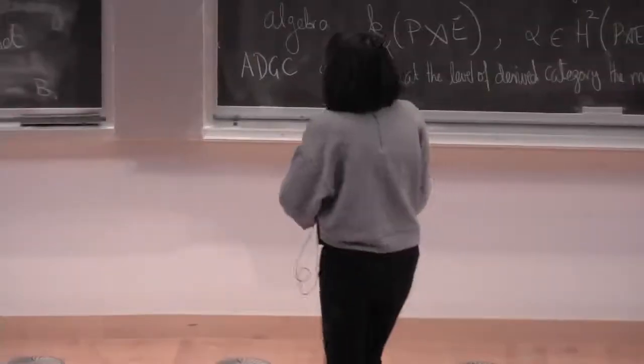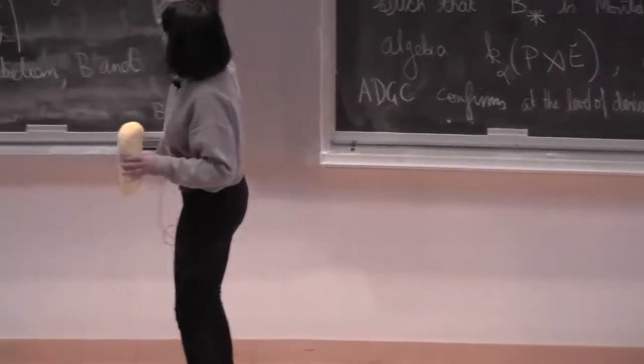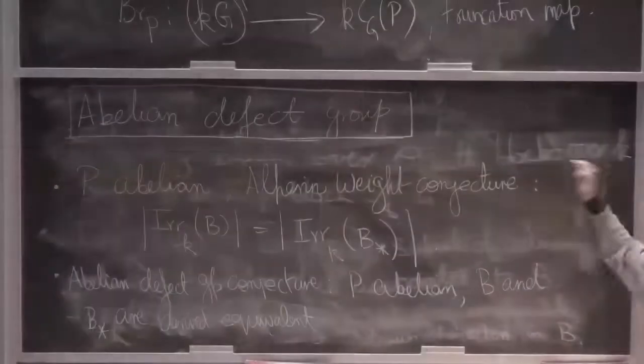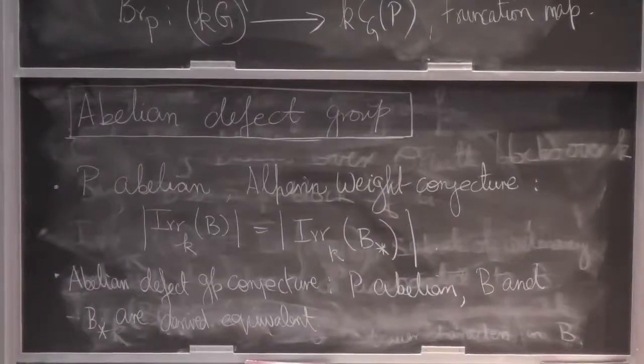Final thing. I was talking about general blocks. Then I said, okay, I like abelian defect group, so I spoke about that. Now I'm going to specialize even further. I'm going to specialize the prime.